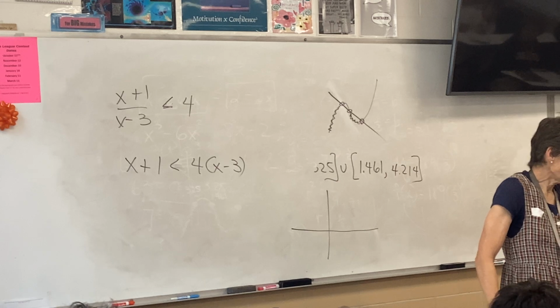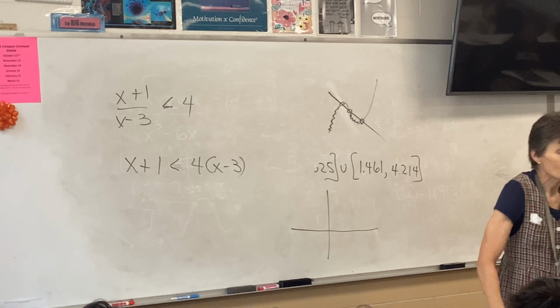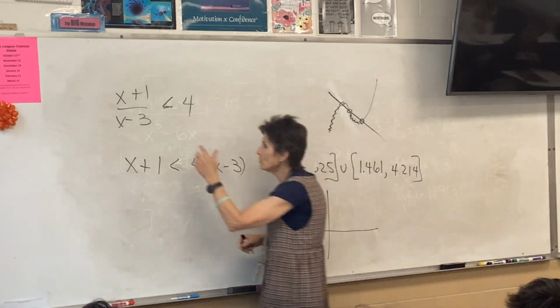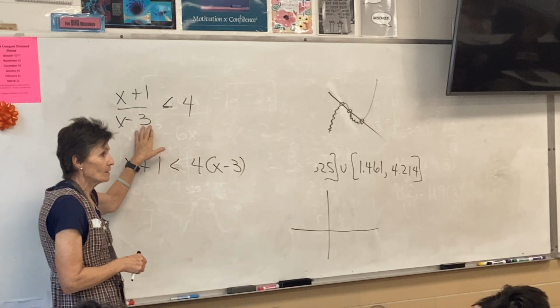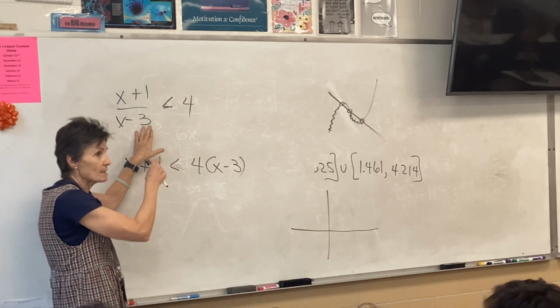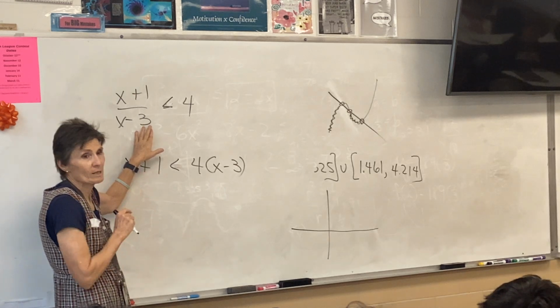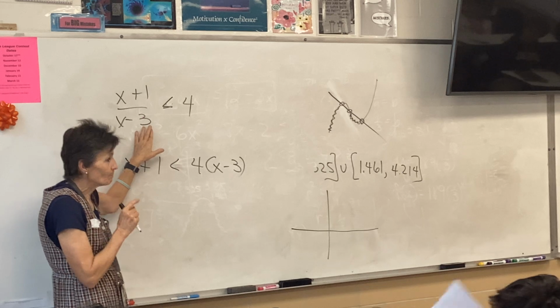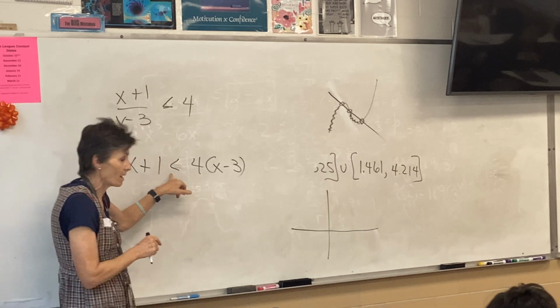If you multiply or divide by a negative, you have to switch the sign, right? If you are multiplying by x minus 3, could x minus 3 be positive? Yeah. But could x minus 3 also be negative? Yeah. So you can't multiply because you don't know what to do with that sign.